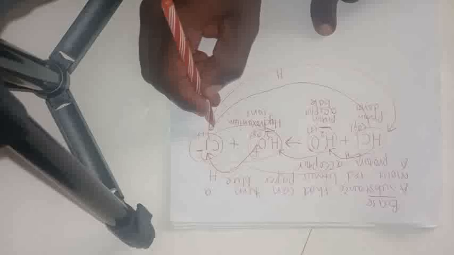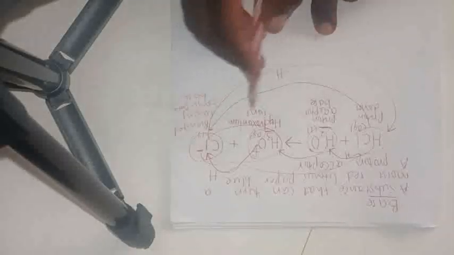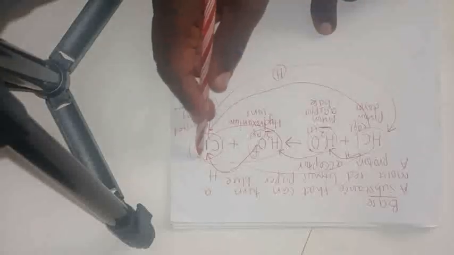So this one becomes the Bronsted-Lowry conjugate base, because for the backward reaction, it has accepted a hydrogen atom to form HCl. So Cl plus H is HCl.